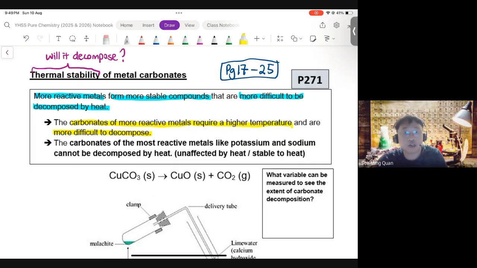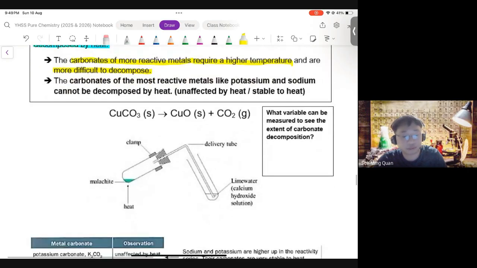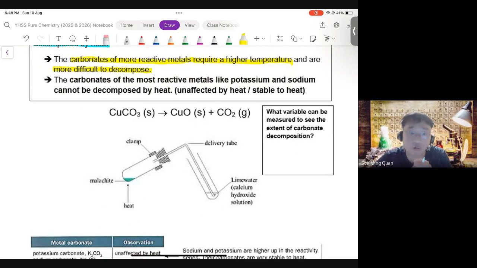All right, so shown here, I've given copper 2 carbonate. Copper 2 carbonate is a very typical carbonate which you can decompose in the lab. This is because copper itself is not a very reactive metal. Copper is quite low down in the reactivity series. So copper 2 carbonate should be quite easy to decompose.